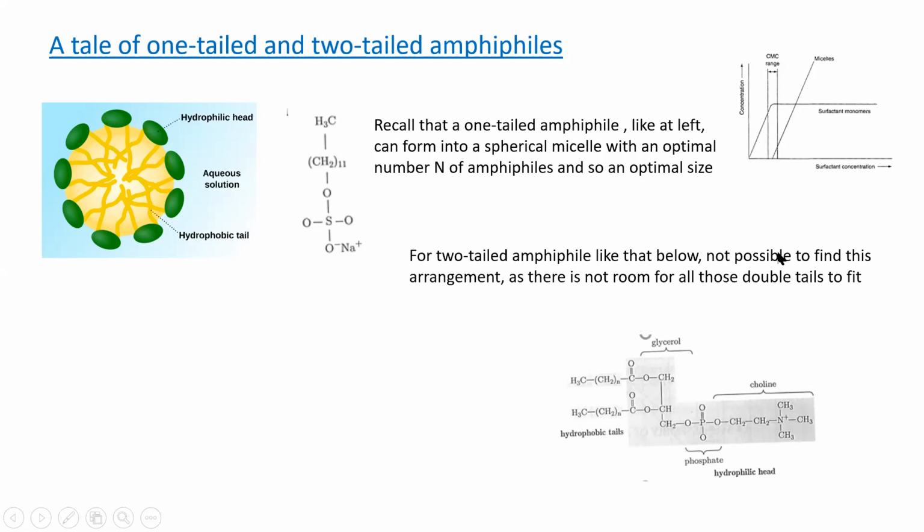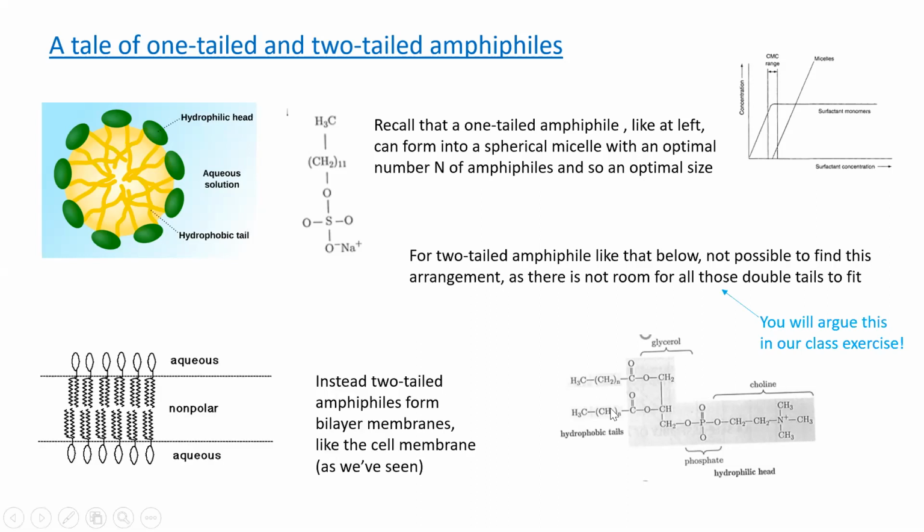It turns out it's not possible to find this arrangement in a micelle, as there's simply not room for all these double tails to fit inside with the hydrophilic heads on the surface geometrically. And you will actually argue this in our class exercise when we meet. You'll put together a geometric argument.